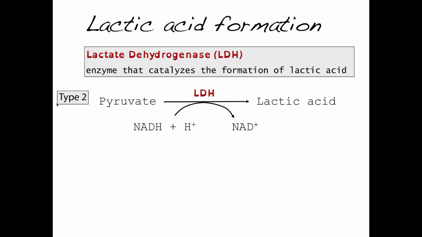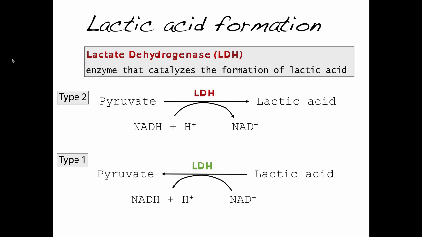In type 2, the isoform, often referred to as MLDH, readily forms lactic acid, in that only a little bit of pyruvate and NADH needs to be present to push the reaction towards the formation of lactic acid. In contrast, in type 1 muscle fibers, the isoform, often referred to as HLDH, does not readily form lactic acid.